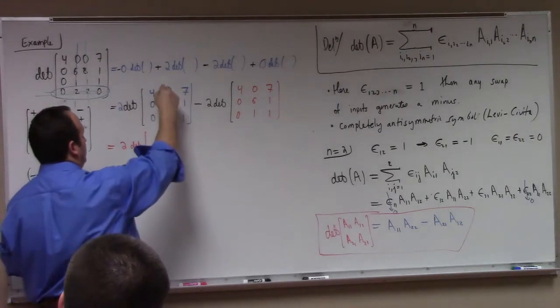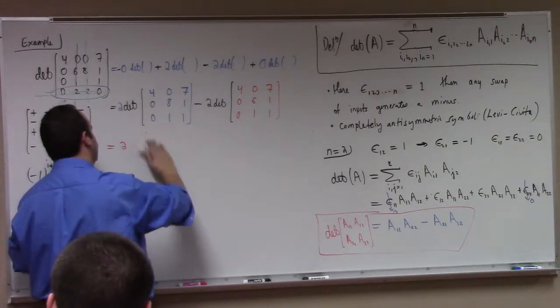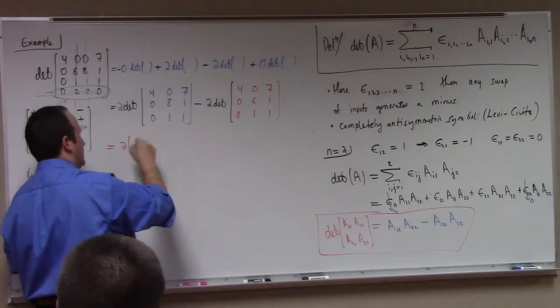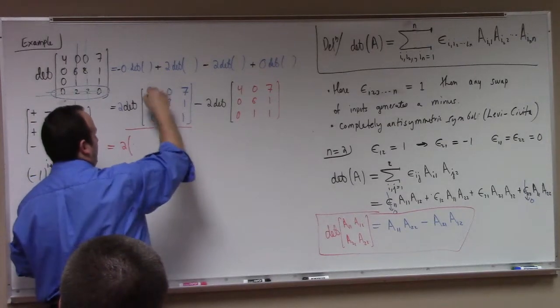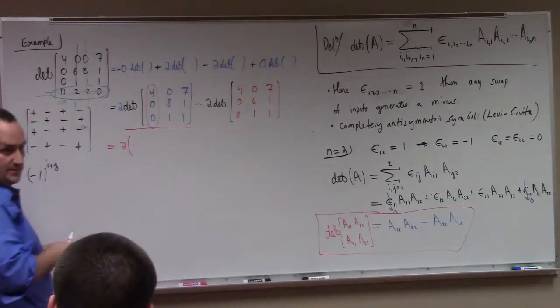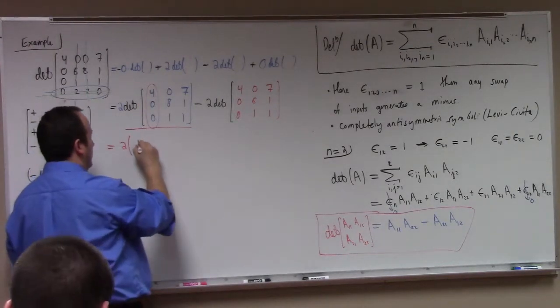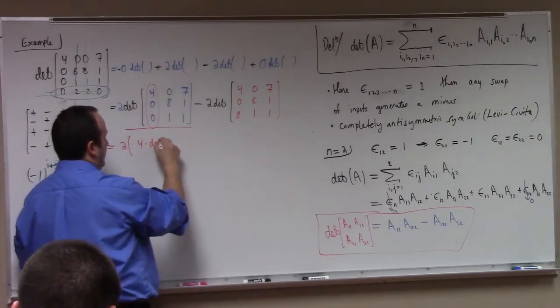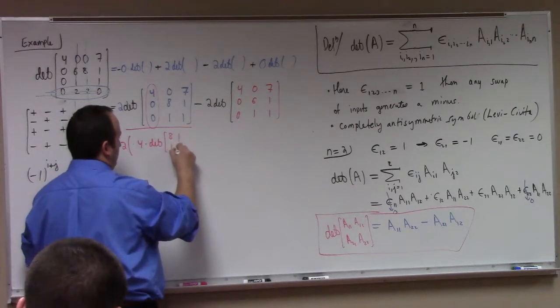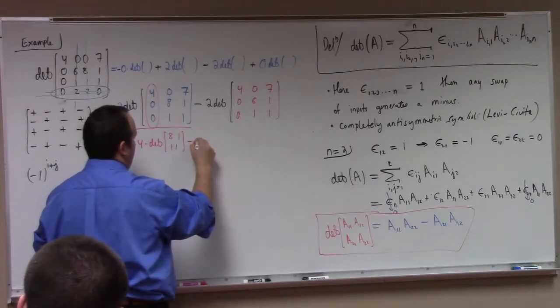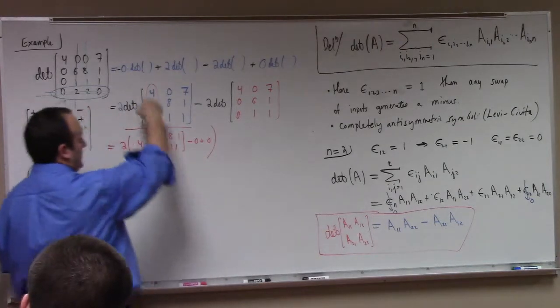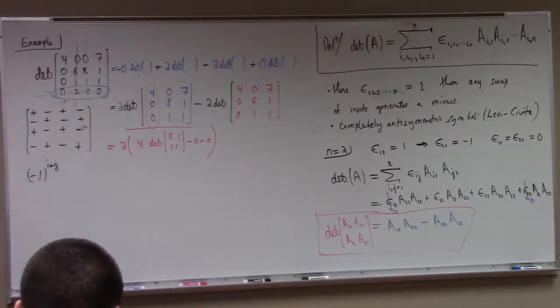So I recommend for this one, let's expand on the first column. Expanding on the first column gives me 4 times the determinant of 8, 1, 1, 1, and then minus 0 plus 0. See, if I can find a column which is mostly 0 or a row which is mostly 0, I can exploit that to simplify my calculation.